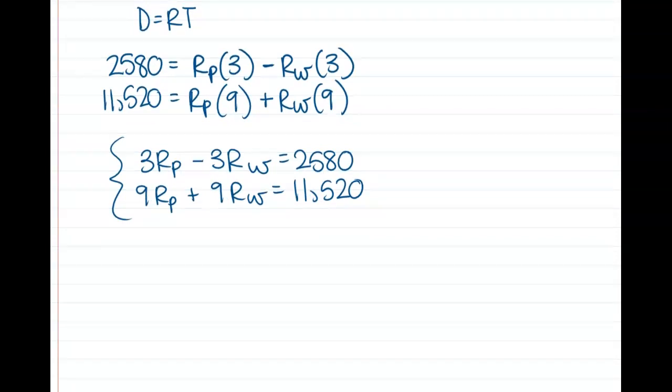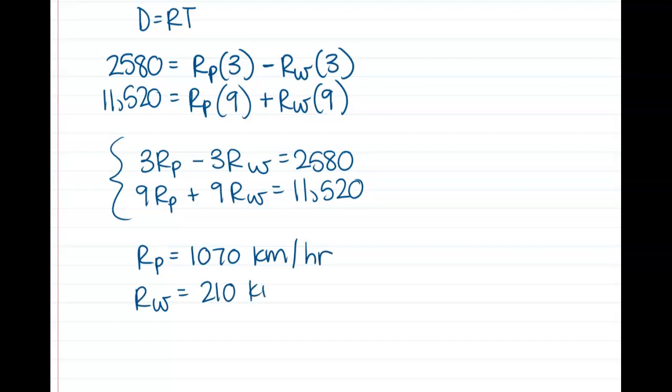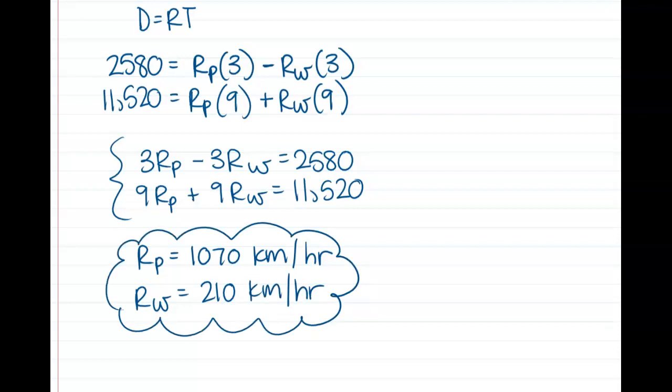Like we did on the prior problem, I would probably just multiply the top equation by 9 and go from there. And your answer should end up being rate of the plane equals 1,070 kilometers per hour, and the rate of the wind equals 210 kilometers per hour. I would recommend solving that system and making sure you get to these answers.